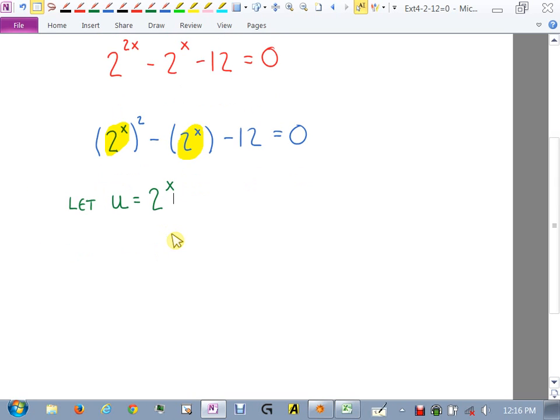What's this first thing? u squared, minus this thing, which is u, minus 12 equals 0. This is an exponential equation that actually turns out to be a quadratic form equation.